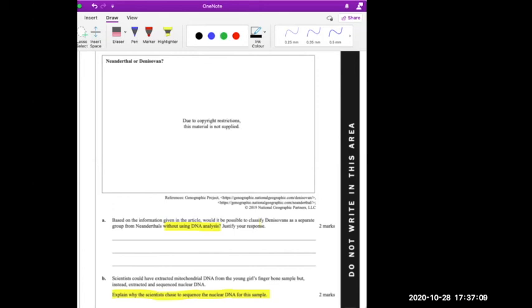especially with species that are so closely related, like the early humans, DNA analysis is a must. It is a must to be able to differentiate, because we know there's overlap in terms of when some of these species were alive. We know that they've obviously evolved from a recent common ancestor, and so features, like skull features alone aren't enough. It's not like Denisovans were bipedal and the Neanderthals weren't.